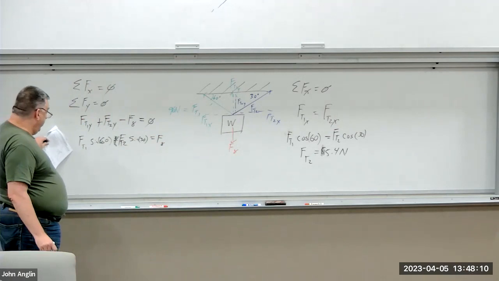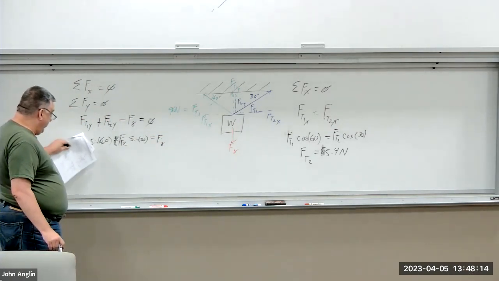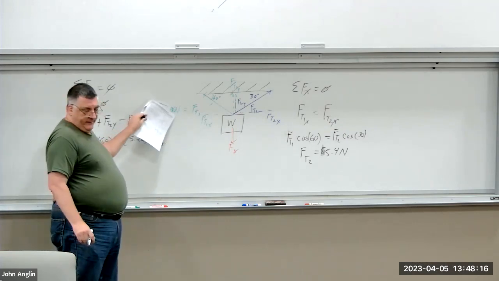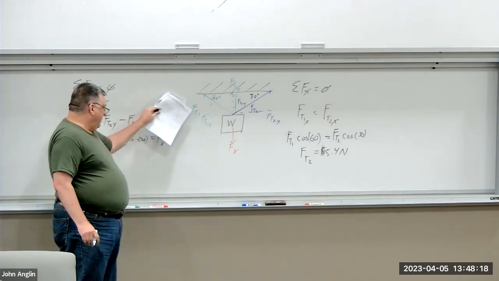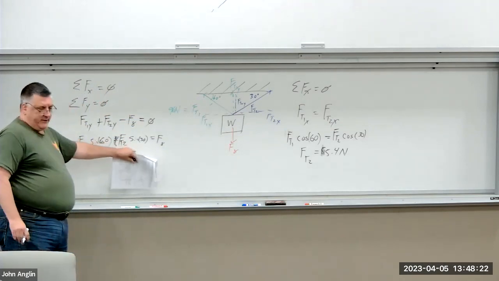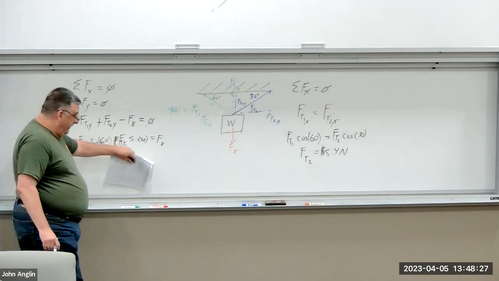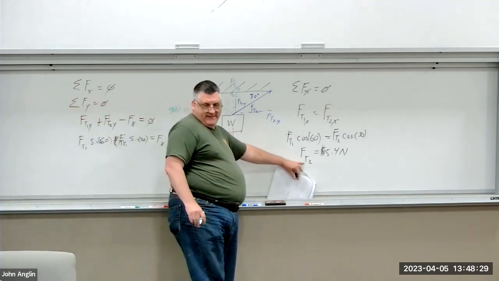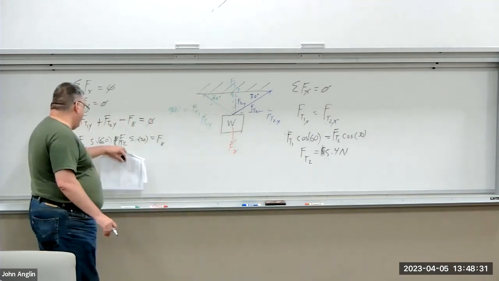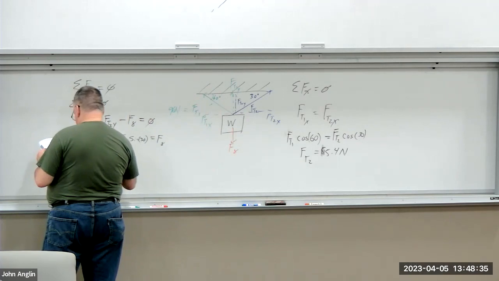Well, what is FT1 sine 60? We know FT1, we were given that. We know sine 60. We know sine 30, we need to know FT2. We just found that. So we plug that in, solve for force due to gravity.